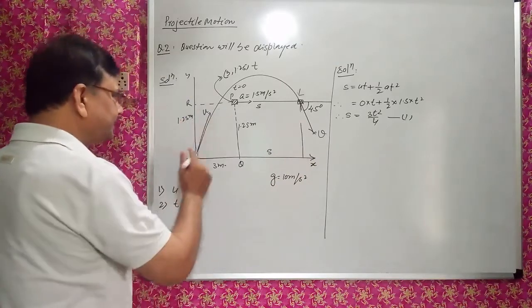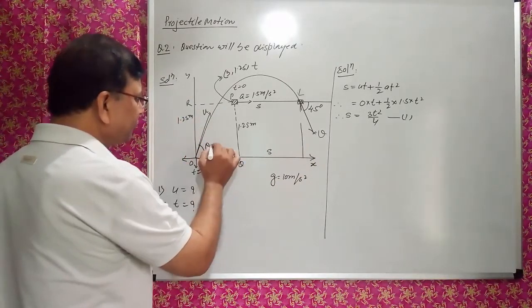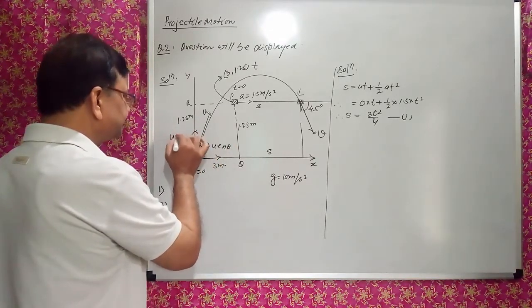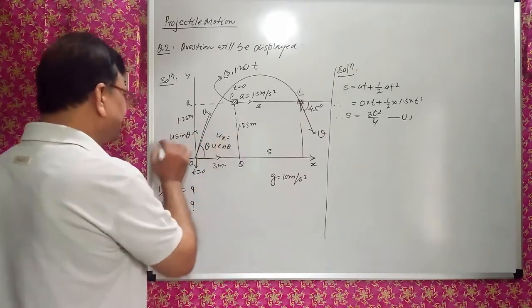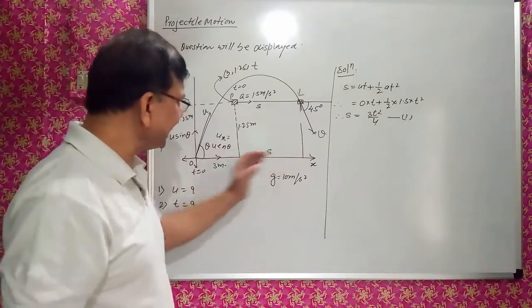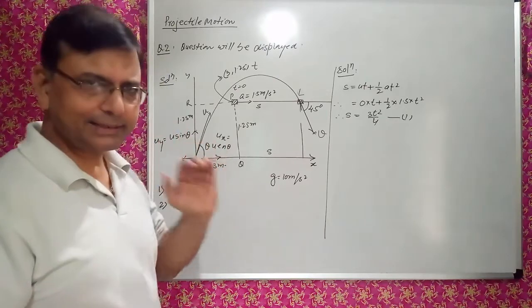Now, if we resolve this, taking this angle as theta, in this direction it will be u cos theta and in this direction u sin theta. This is called ux and this uy. In the horizontal direction, u cos theta is constant, ux is constant.